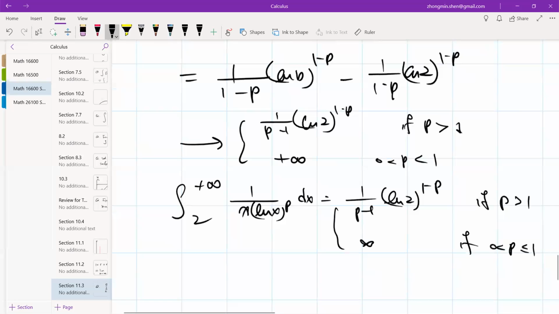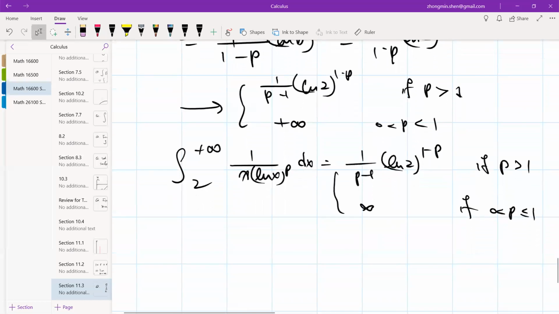Then you can estimate even the p series. The value can be controlled by this integral, okay, when p is greater than 1.